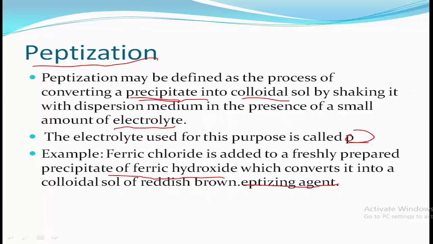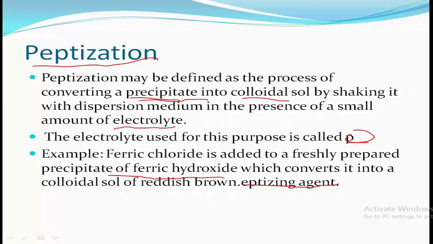Now on the ferric hydroxide sol surface, suppose Fe+2 ions got attracted. Here the ferric hydroxide consists of Fe+3 and in ferric chloride also it is consisting of Fe+3. So what happens, the plus charge on the surface as well as the ferric hydroxide also having Fe+3 and ferric chloride is also having Fe+3.